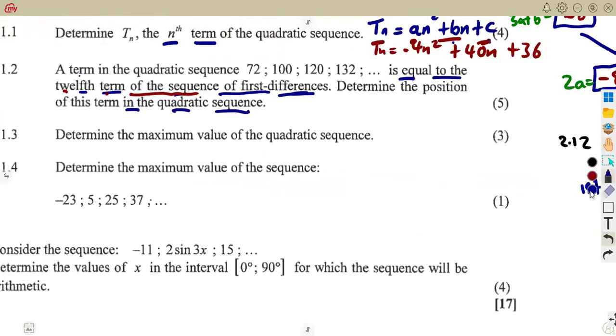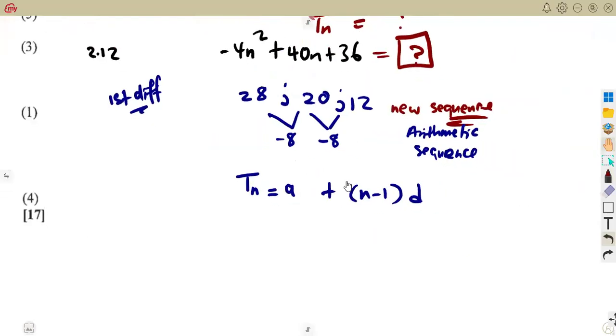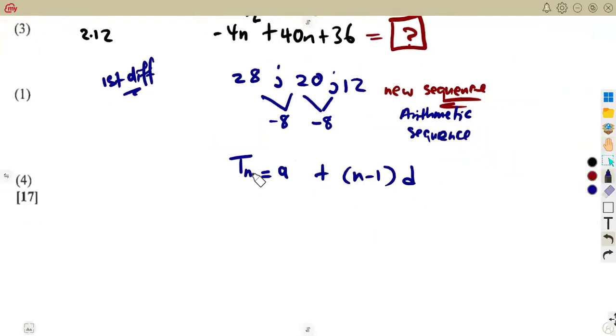But that nth term can be determined because they are saying it is equal to the 12th term. So we are told that n is what? n is 12. So as we need to determine T12, what is the value for T12 for this new sequence that we have? Because we are told that the 12th term, n is equal to 12. What is going to be our T12? So you can just substitute, guys, directly.